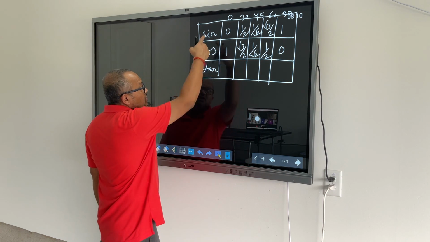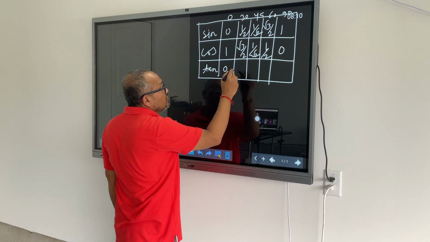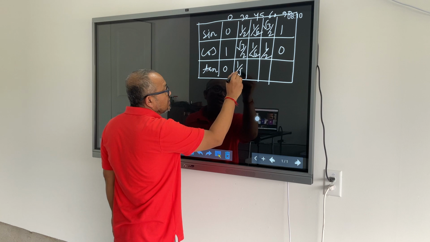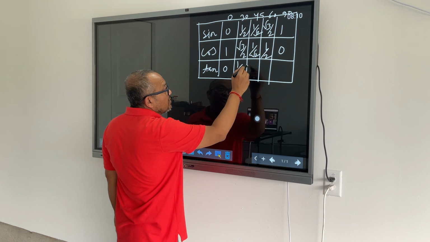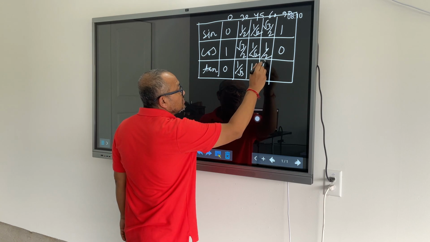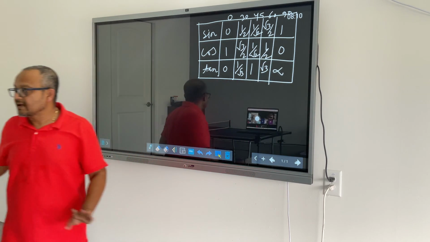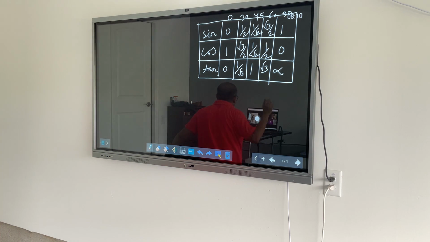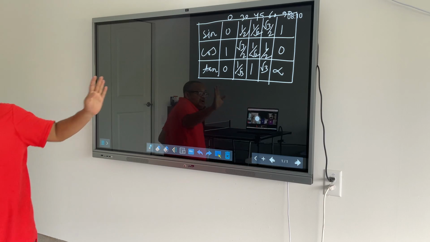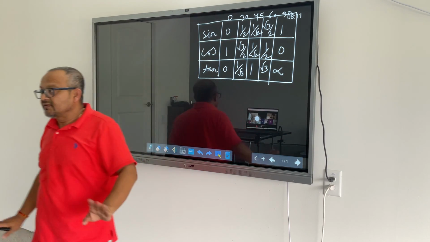And tangent is sine over cos, so 0 over 1 is 0. 1 by 2 over root 3 by 2 becomes 1 by root 3. 1 by root 2 by 1 by root 2 is 1. Root 3 by 2 divided by 1 by 2 is root 3. And this is undefined or infinity. So this is a table that I keep on going back to, okay? That's why I have plotted it here. They are the most commonly used angles that we deal with when it comes to trigonometry.